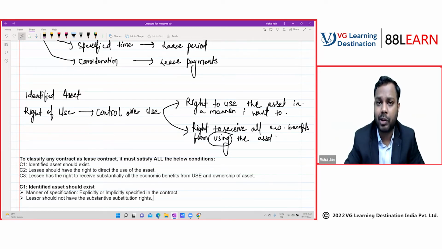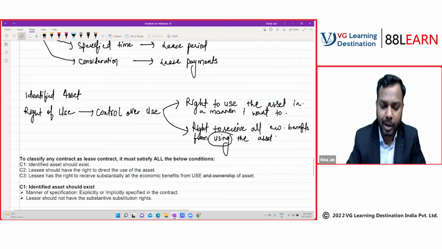Think from the point of view of Cadbury: does Cadbury have the right to direct the use of that place which is rented? No. Why? Because the lessor keeps on changing the place according to their requirements. So that's why this point is coming up.